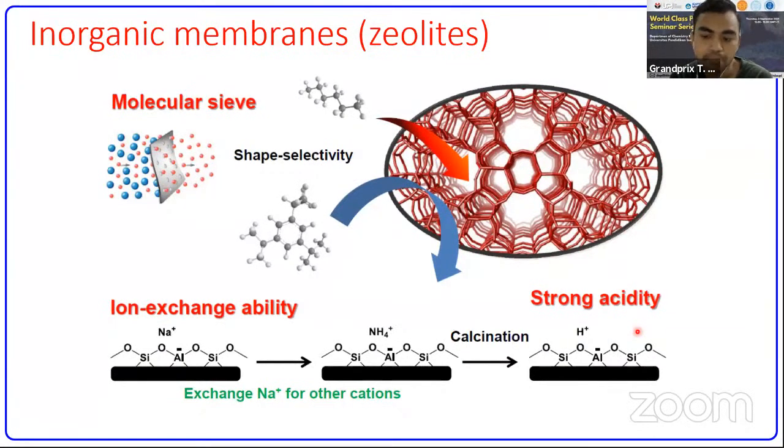If we substitute it with aluminum, the tetrahedra has a -1 formal charge. So the zeolite will be negatively charged, and it has strong acidity. But this is not relevant in the separation application. It will be relevant if we apply zeolite as a catalyst. So these two properties are desired for the membrane applications.